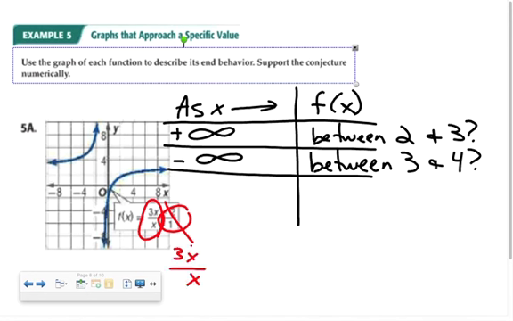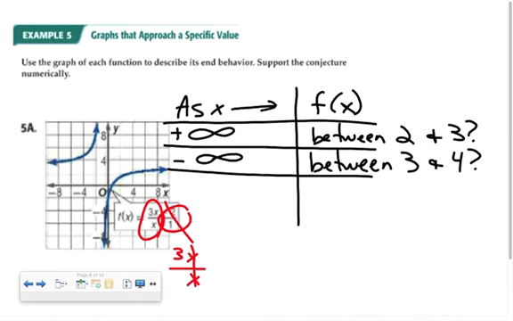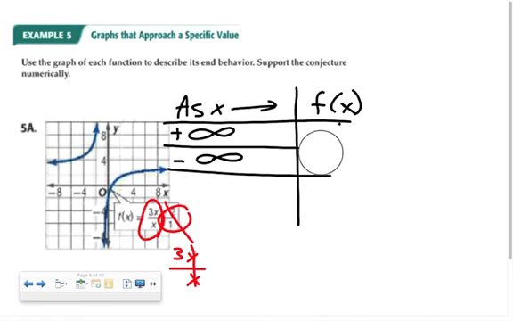I'd have 3x over x, which would reduce to 3. So if I'm plugging in a very large number, the x's would cancel out and I'd end up approaching 3. And if I was approaching a very small number, going towards the left, I'd be plugging in a very large negative number, but once again, it would cancel out. Okay, so my end behavior, I can conclude that it's approaching 3.